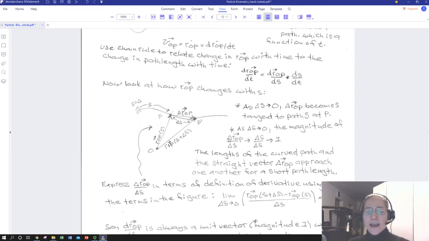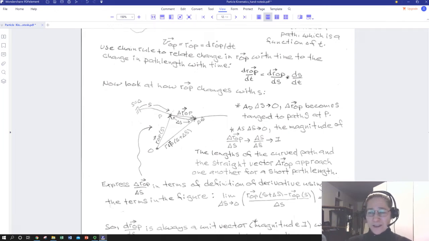And we notice that delta ROP and delta s get closer to each other as delta s gets smaller. So the delta ROP over delta s becomes more like just delta s over delta s, which is 1. Okay. So the magnitude of this term approaches 1 as the deltas approach d's. And the direction of this term approaches the tangent to the path.